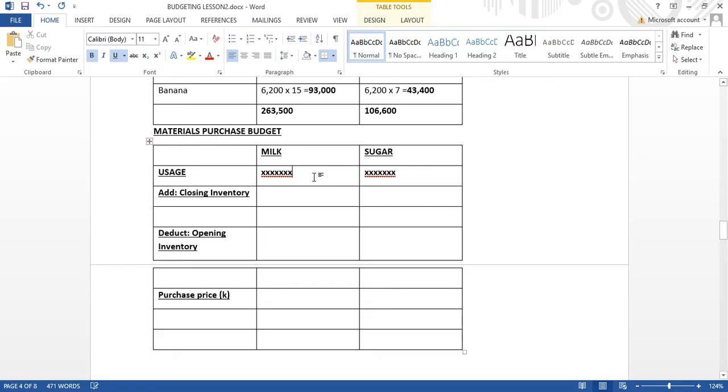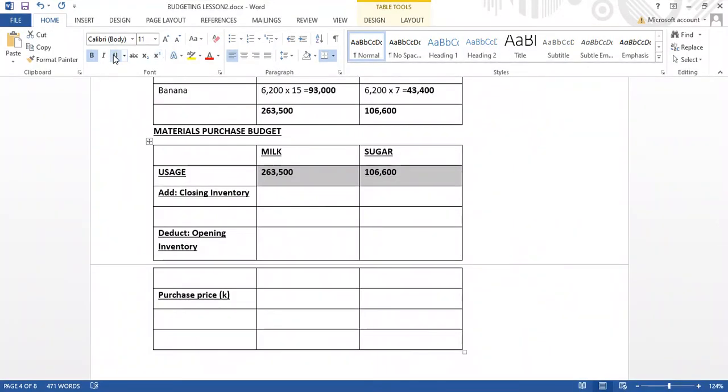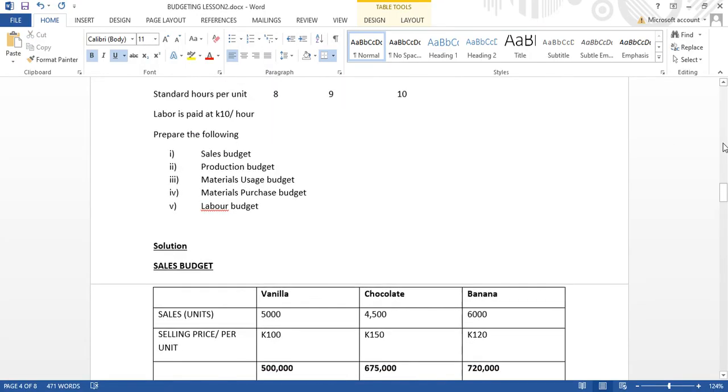Right, milk we need 263,500 liters of milk. Sugar 106,600 kg. All right. We come to our closing inventory.